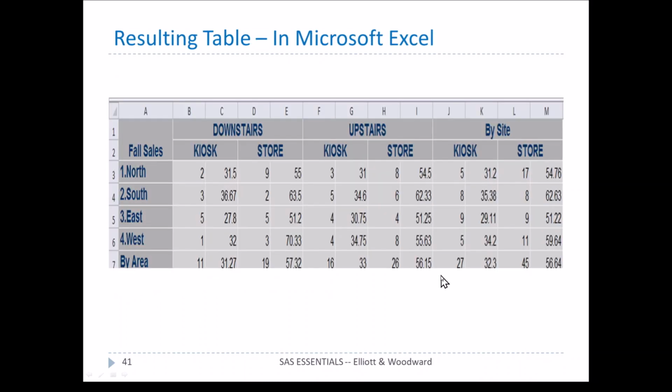What that did is it created, in Microsoft Excel, the same table we created in SAS, except now it's in Excel, and you can see that you have the column names and the row names here. So once you do this, somebody can open this up in Excel and use it to their heart's content, to do whatever they want within Excel.